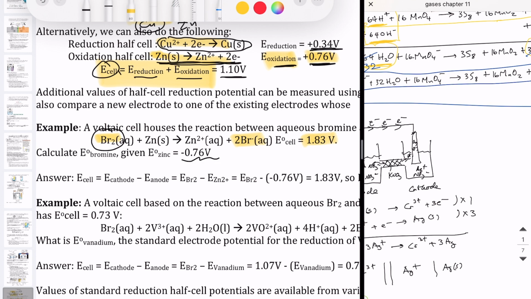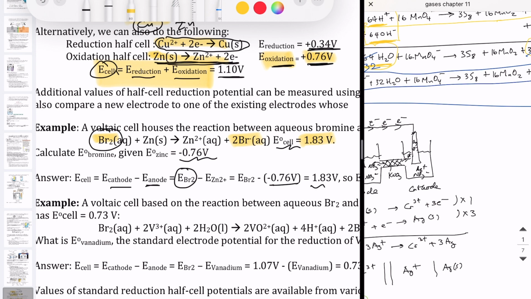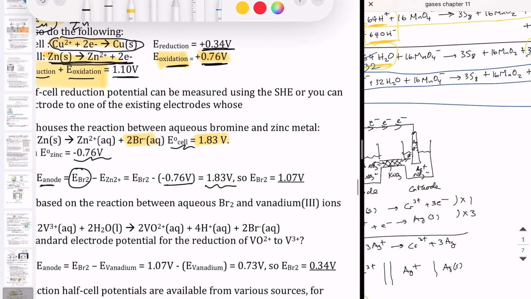Since I already know that the E cell for zinc is negative 0.76, again, E cell is E cathode minus E anode. The cathode here is my bromine. The anode is my zinc. It's E Br2 minus negative 0.76. The whole thing is supposed to equal 1.83. So then solving for E Br2, I get E Br2 equals 1.07 volts.